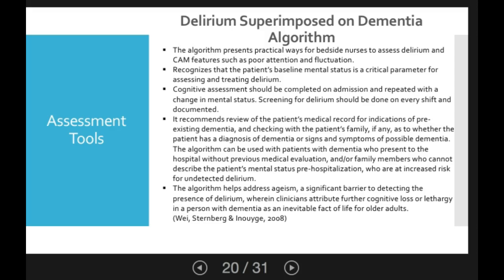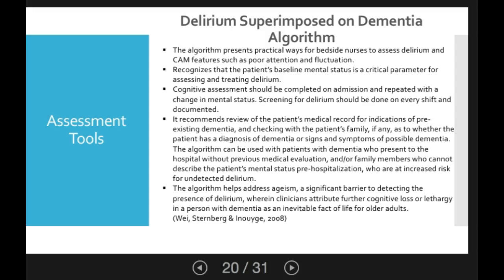Tools used to assess for dementia include the Mini-Cog tool, the Modified Blessed Dementia Scale, and the Mini Mental State Examination, and a cognitive assessment should be completed on the admission of the patient and repeated with every change in mental status. It's also important to include the family when doing these assessments.